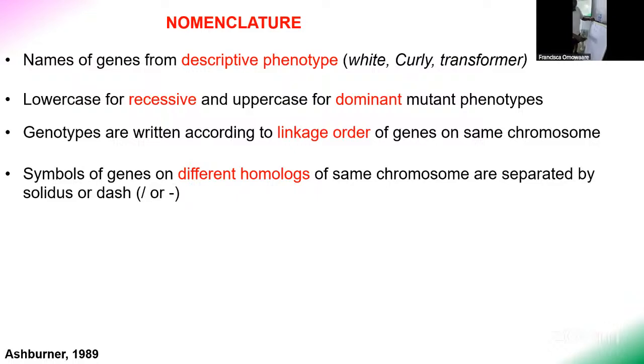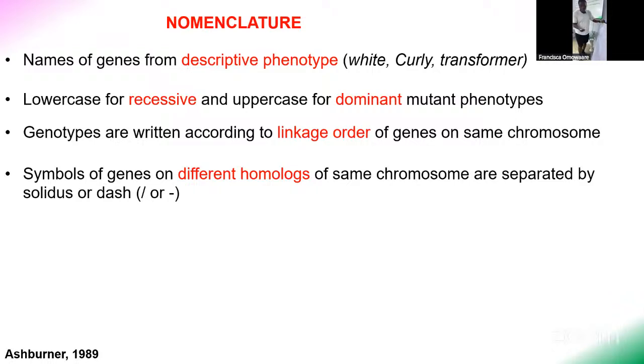you can do a dash, or you can use a solidus. Is that okay? So let's say, for example, you want to create a transgene. We know that sometimes there can be a wild type chromosome homolog in your fly.